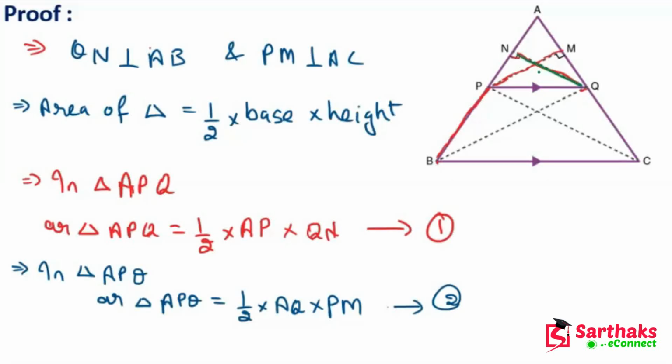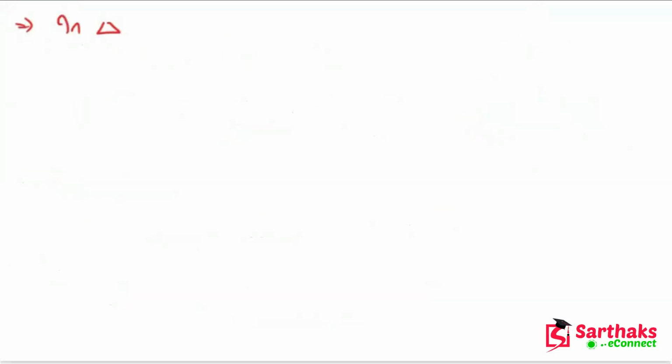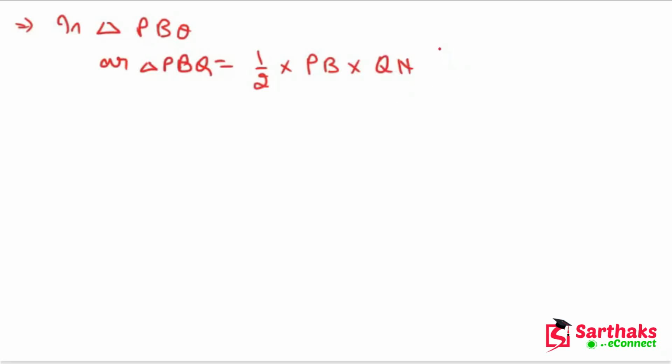So in triangle PBQ, the area of triangle PBQ is equal to half into base PB and height QN. So this is our third equation.